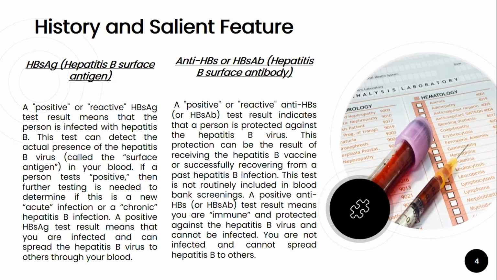This protection can be the result of receiving the hepatitis B vaccine or successfully recovering from past hepatitis B infection. This test is not routinely included in blood bank screenings. A positive result means that you are immune and protected against the virus and cannot be infected. So you are not infected and you cannot spread hepatitis B to others.